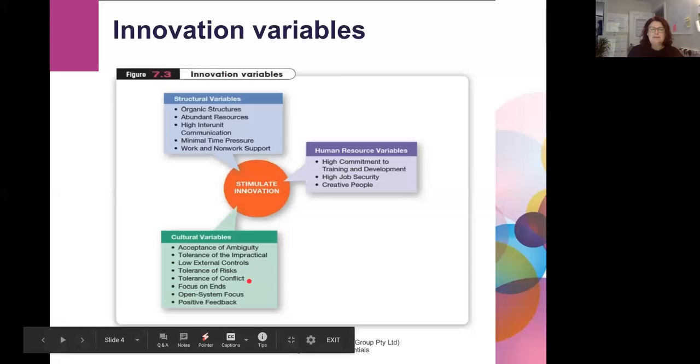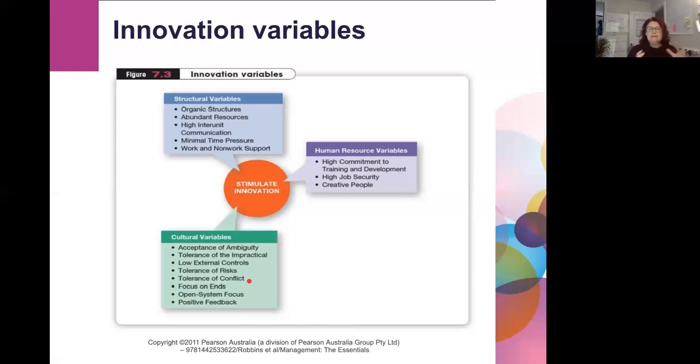Tolerance of conflict as well. So both in terms of interpersonal conflict, that doesn't mean fighting, but the ability to disagree. So there's a concept called psychological safety, which has been shown to be a particular feature of very strong teams.